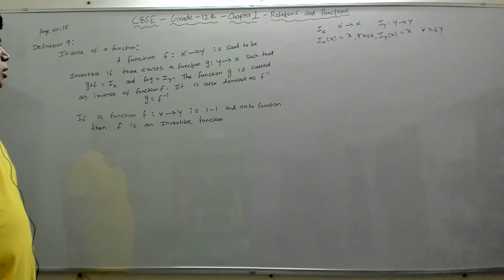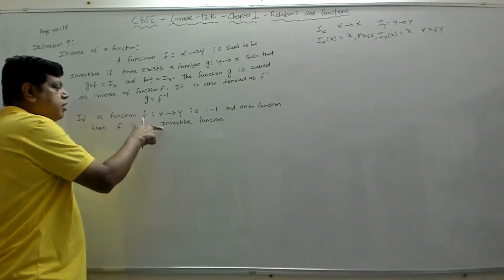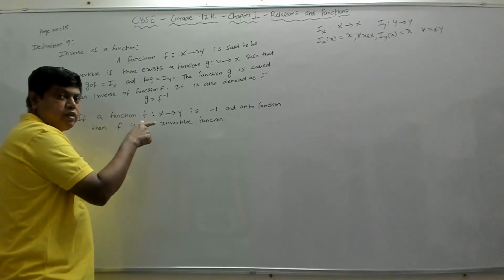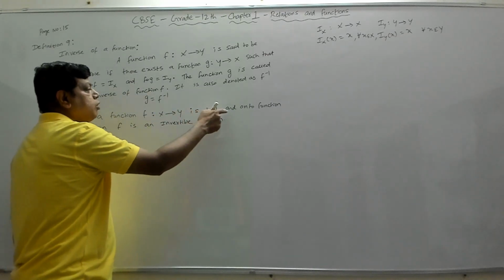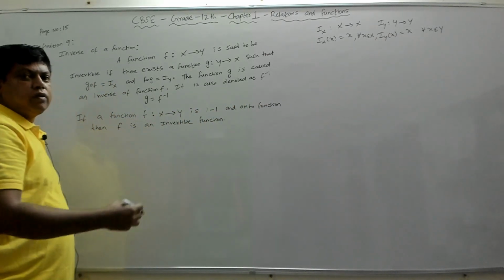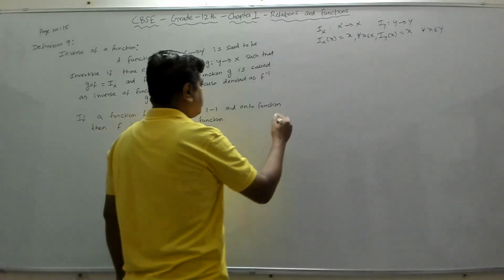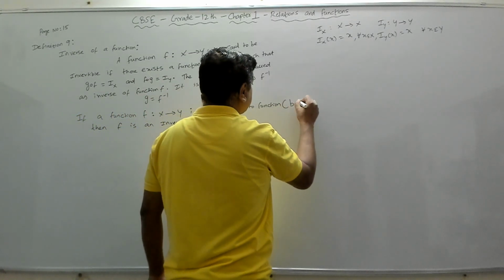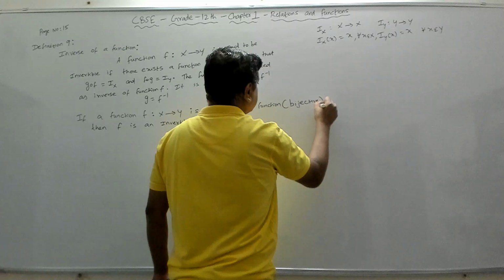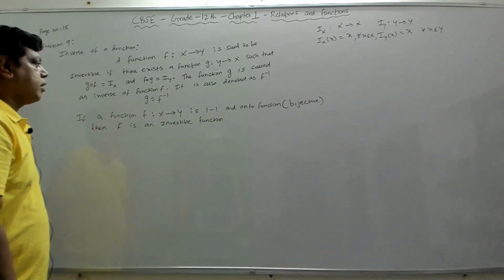When do we say f is an invertible function, or when can we find the inverse of f? If f is 1 to 1 and onto function, which means it's a bijective function, because any function which is 1 to 1 and onto is called a bijective function.